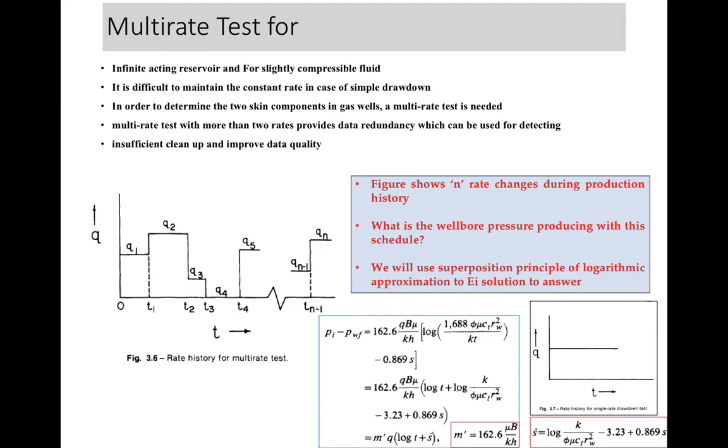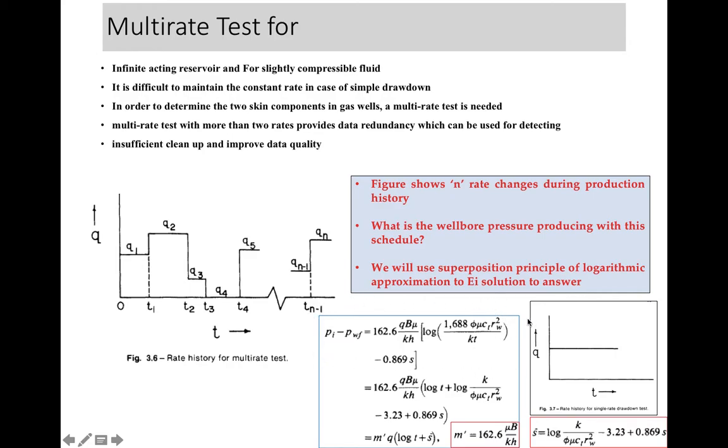unit 1. So we will use the superposition principle of the logarithmic approximation to the line source solution to answer such multi-rate analysis. Here you can see the equation for a simple single flow rate.